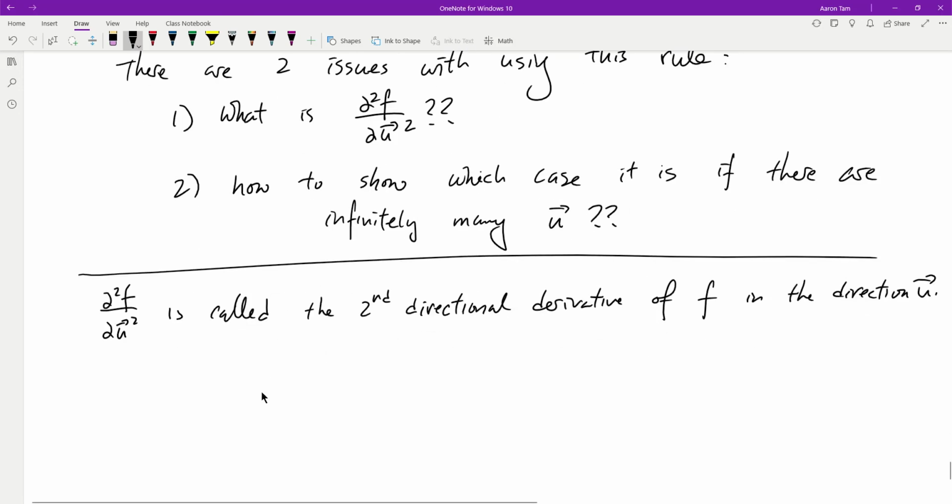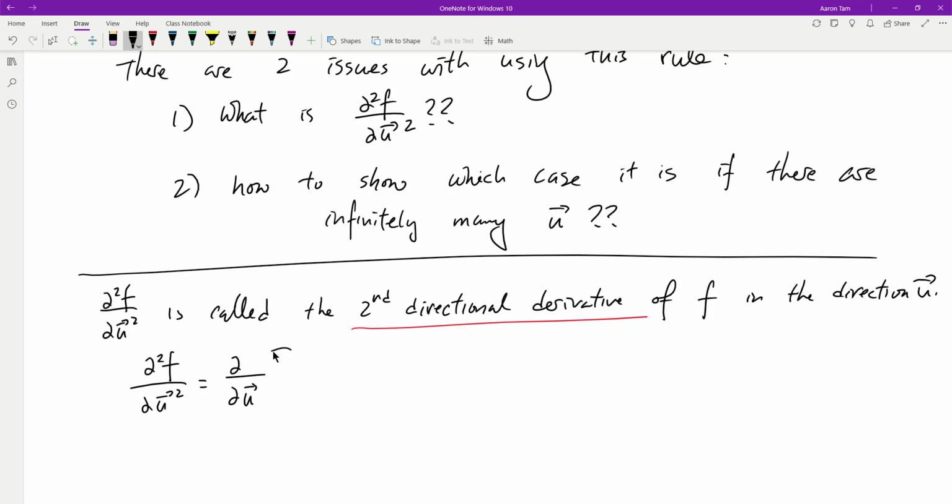As the name suggests, it is a second order directional derivative. So therefore, it's basically derived from the first order directional derivative. So let's go ahead and do that. This implies that d squared f over d vector u squared is basically taking the directional derivative in the direction of u of the directional derivative of f in the direction of u.